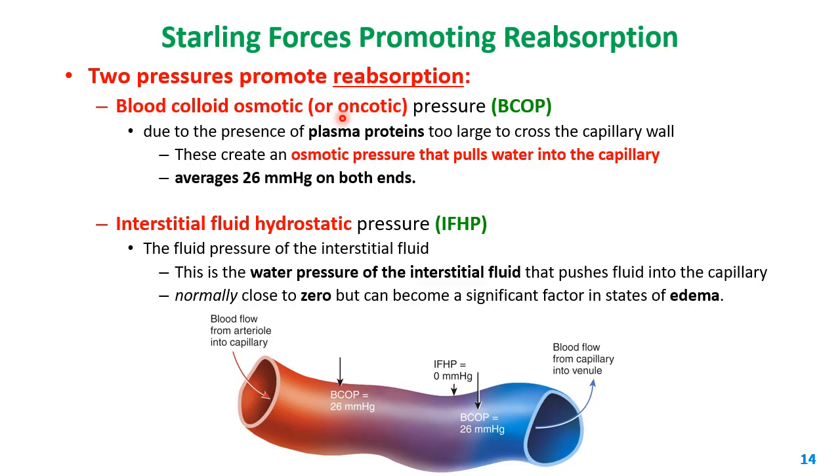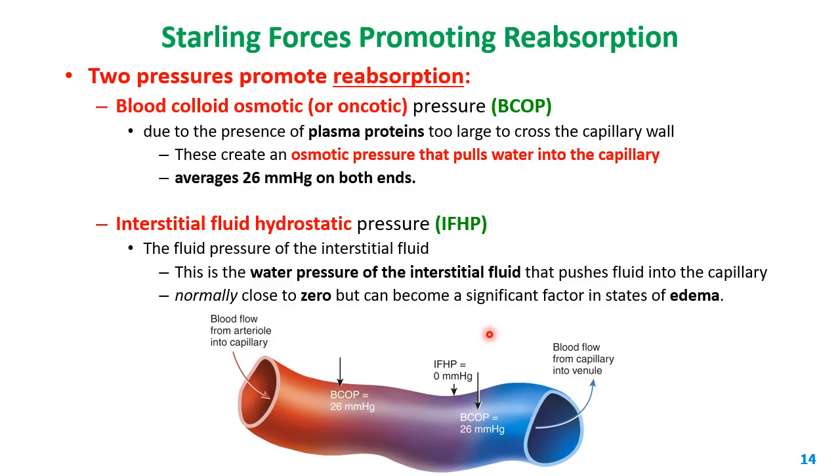Okay? And then you have your blood osmotic pressure, also called oncotic pressure. So here is going to be the concentration of solutes that are in the blood. You have all sorts of proteins and salts and things that are dissolved in the blood that make this a pulling force for osmosis. This oncotic pressure is going to pull water, like osmosis, attracting water to the area of less concentration of water.